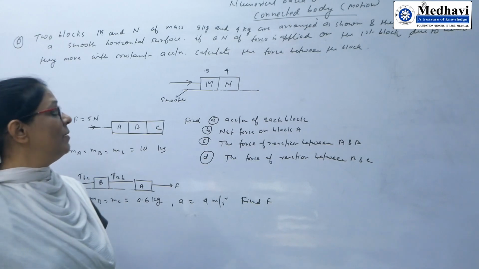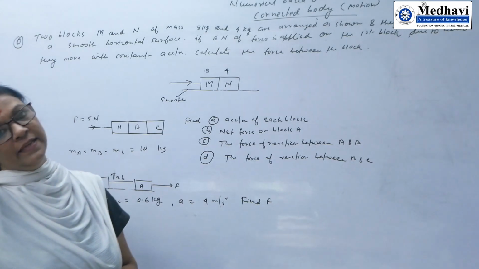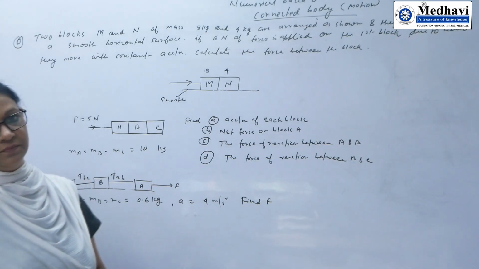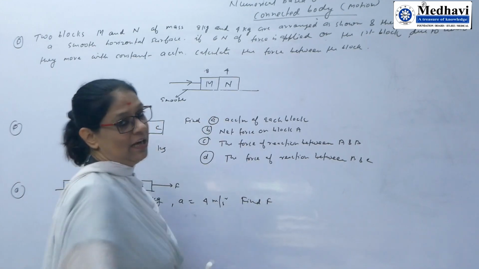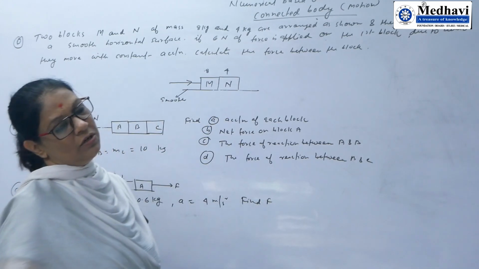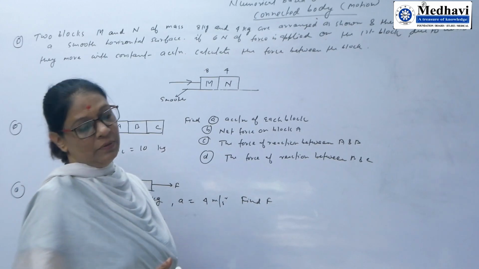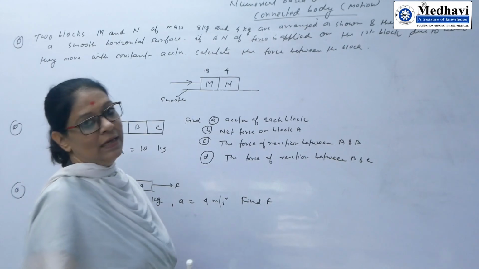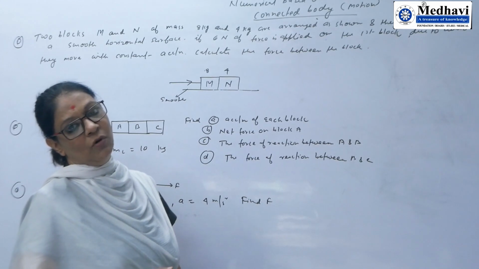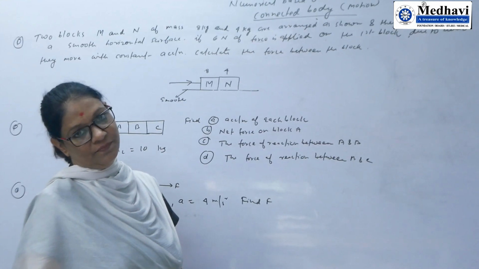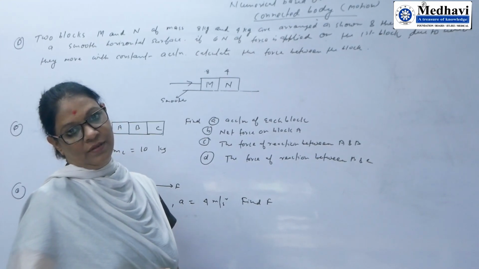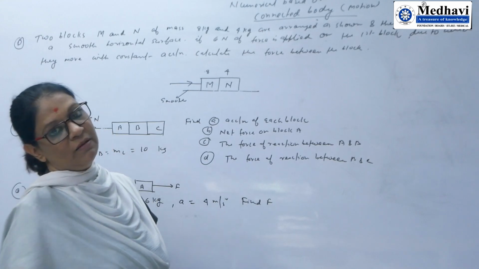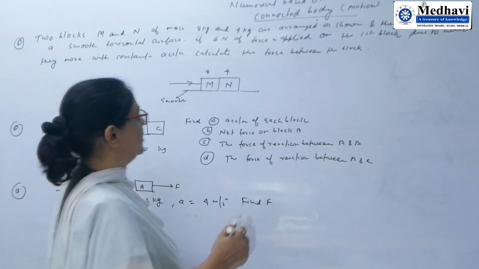So first we will make the FBD, that is the free body diagram. Force of gravity and normal are not required, because I have already explained that when the motion of a body is along the x direction, its y direction is balanced, that is, force of gravity and normal must be equal and opposite.